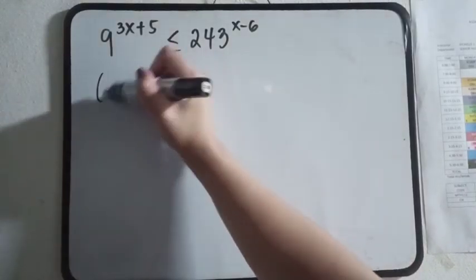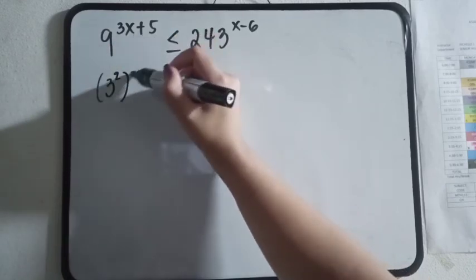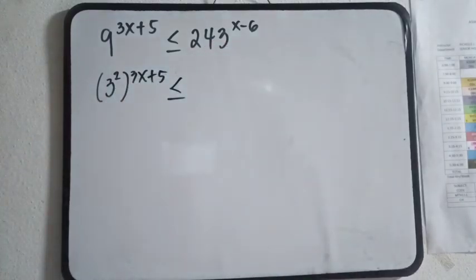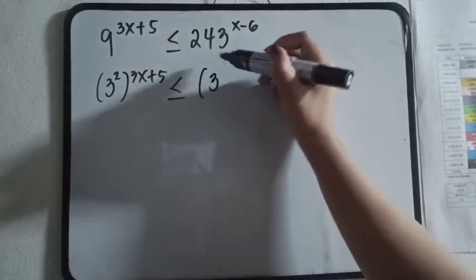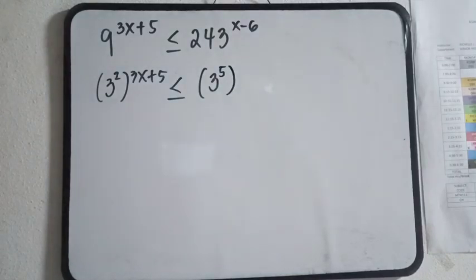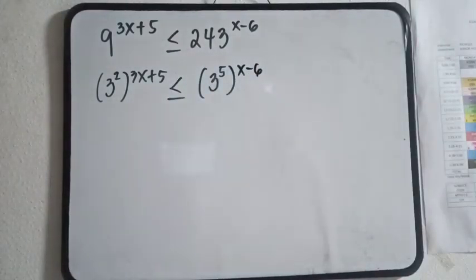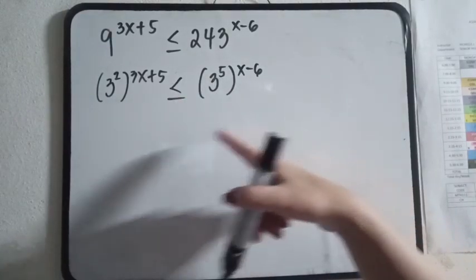Okay, so si 9, 3 squared or 3 times 3 is 9, raised to 3x plus 5, less than or equal to si 243, pwede siyang i-rewrite as 3 raised to 5 raised to x minus 6. Okay, so kapag same base na, kunin na lang yung mga exponent.